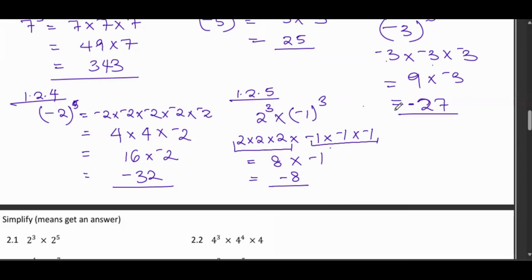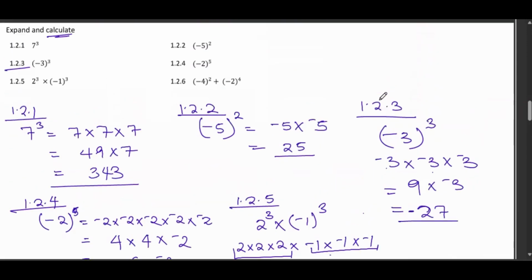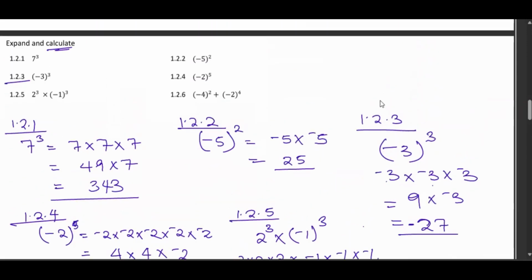Okay, we look at question number 1.2.6. I will write it up here. Guess what it wants us to do? Expand and calculate. Okay, how do we expand? So this is negative 4 times negative 4, plus negative 2 times negative 2 times negative 2 times negative 2. Why is it 4 times? Because it's to the power 4.